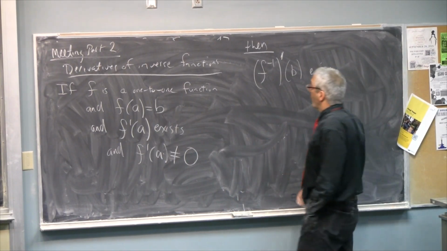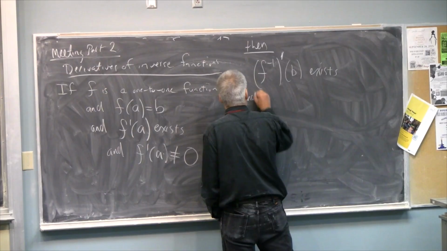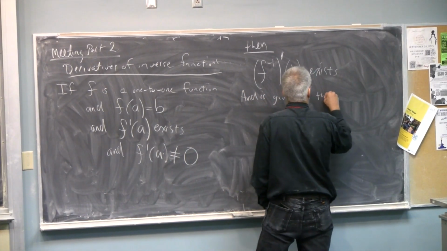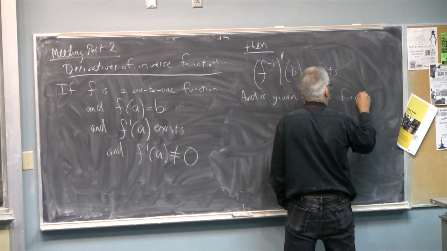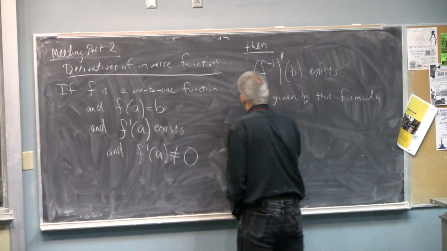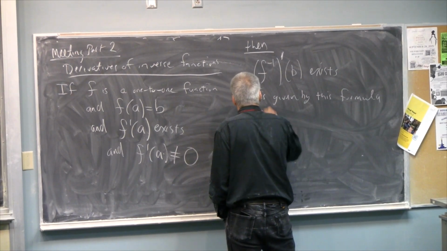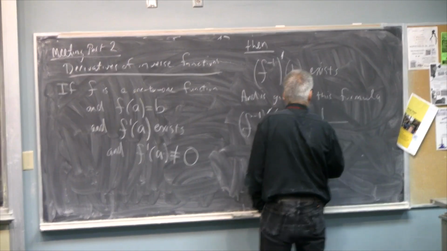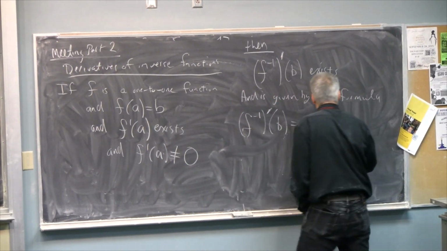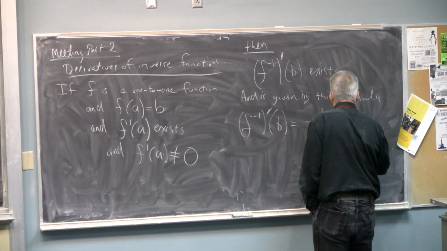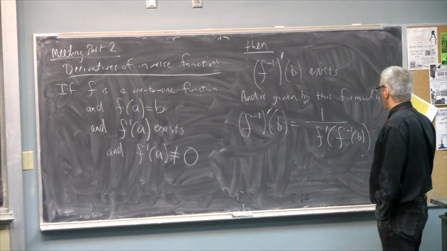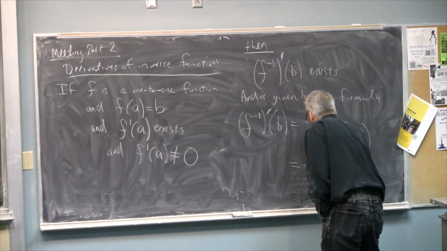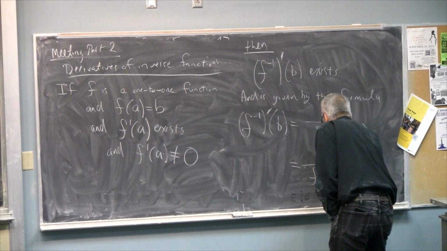And it's given by this formula. f inverse prime at b is 1 over f prime at f inverse of b. In other words, it's equal to 1 over f prime at a.